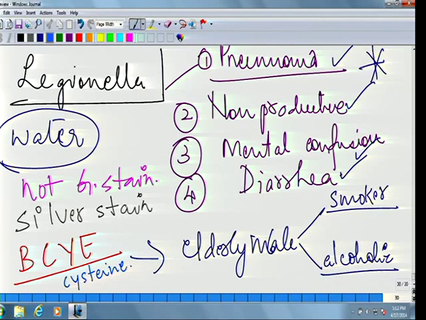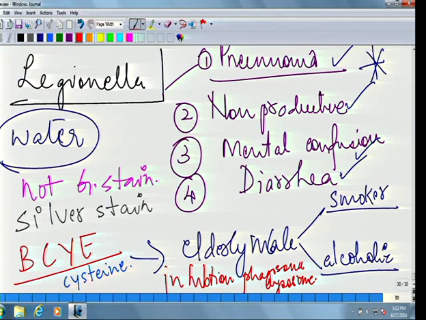Then what is the virulence factor? Does it produce any toxin? Inhibition of phagosome-lysosome fusion. This is the main virulence factor of Legionella. It can stay inside a phagosome like Mycobacterium. That's the reason why beta-lactam drugs are not that effective against Legionella.